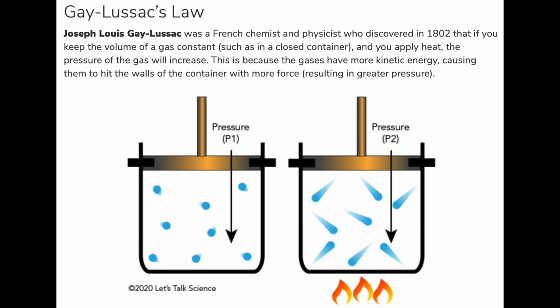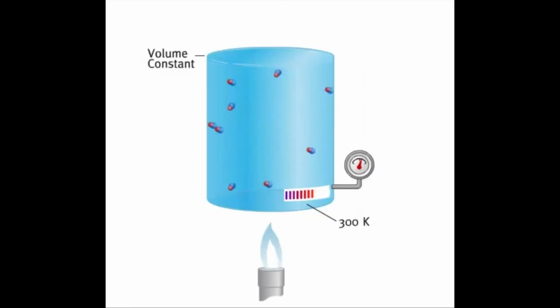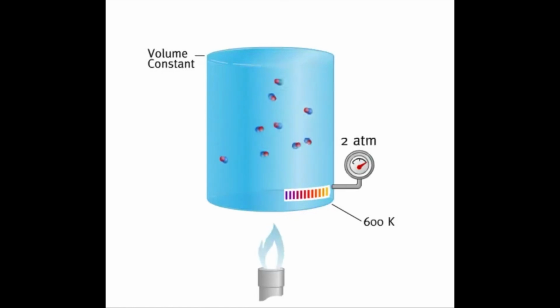And the last one is Gay-Lussac's law. It says that if you keep the volume constant in a closed container and you apply heat, the pressure will increase. And you can see here this has a constant volume, we're adding heat, and the pressure is in fact increasing. If we remove the heat, the opposite will happen.